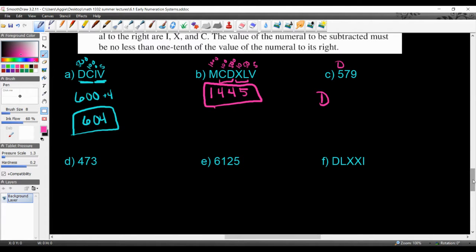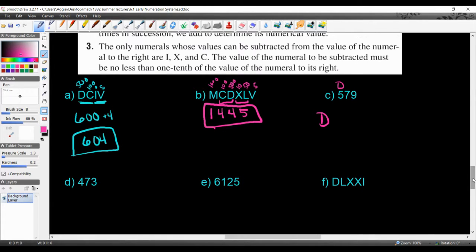So we can do a couple things. We can do 7 of those X's, which is going to be kind of lengthy. Or we can go ahead and choose to do L, because remember L is the same as 50, and 2 X's, because that would be 50 plus 10 plus 10, and that gives me my 70. And then finally we have our 9.